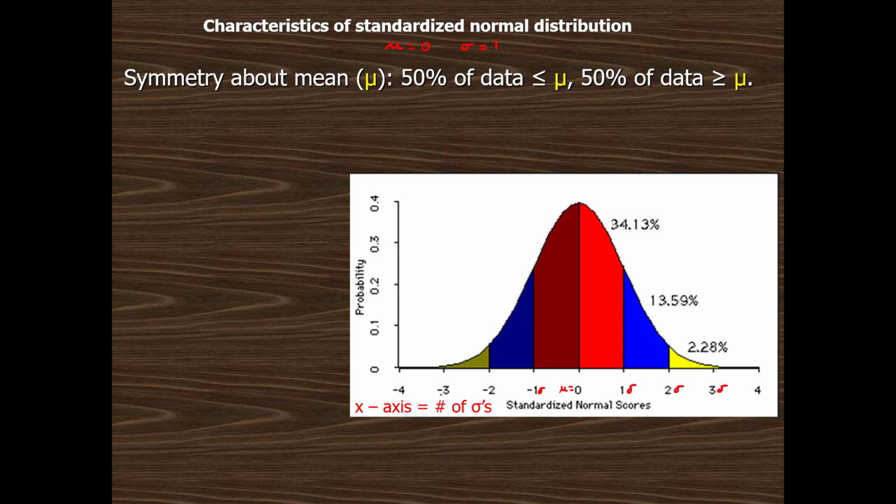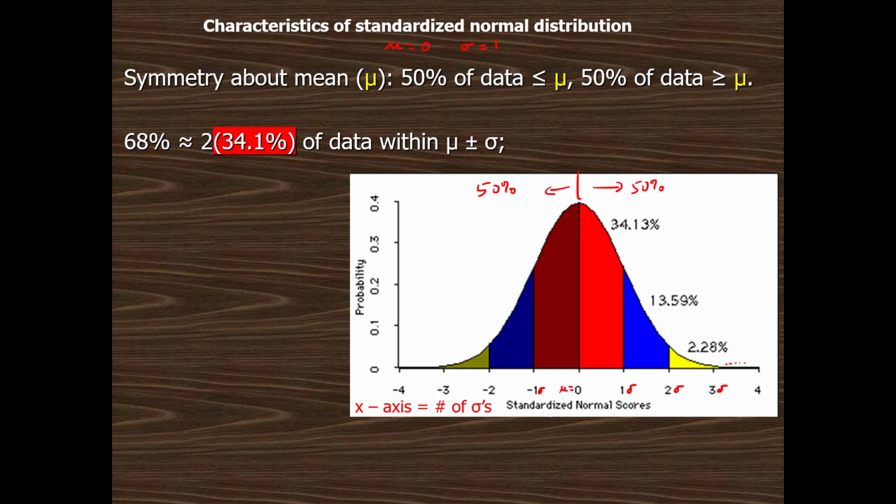So we have symmetry about the mean, which means 50% of the data is above the mean, 50% is below. Normally, we can say that about the median, but not necessarily about the mean. So if you add these up and these little bits, you will get 50%. 34.1% is within 1 standard deviation.